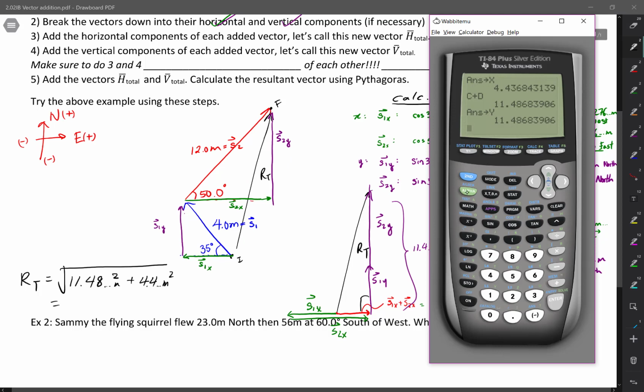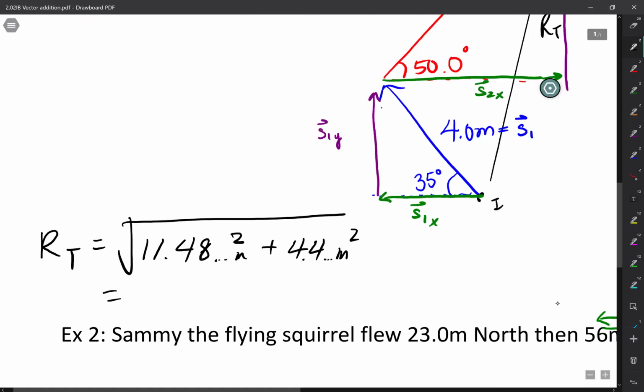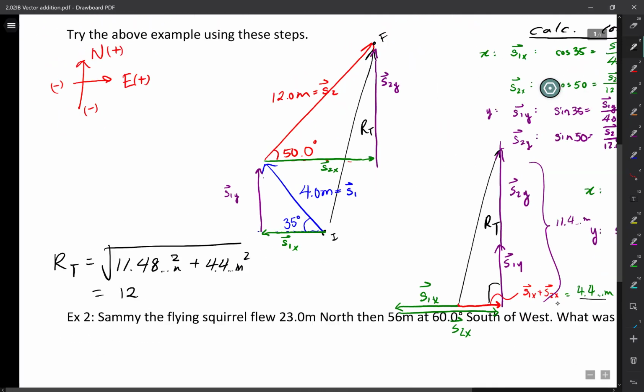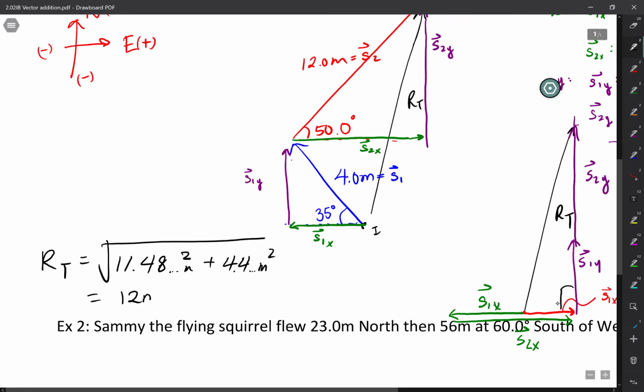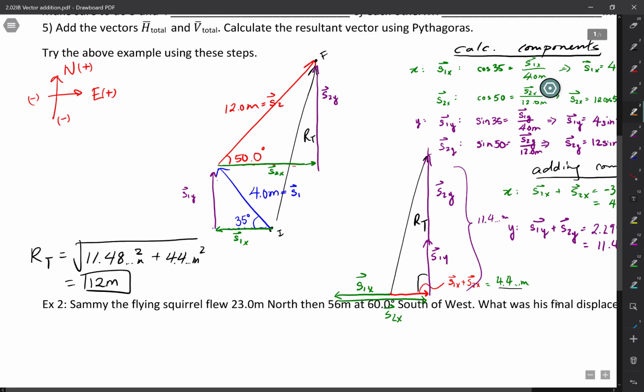On my graphing calculator, this is alpha x squared plus alpha y squared. I take the square root, and this gives me 12.31. 12.31 is going to round to two significant figures, so I'm going to leave it as 12 meters. Wait, we are not done yet.